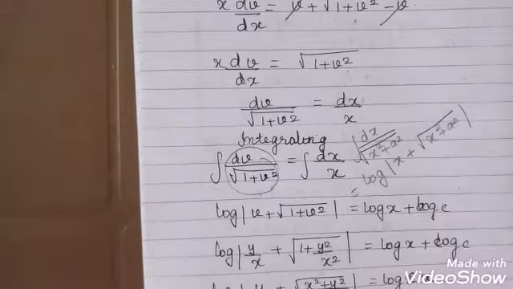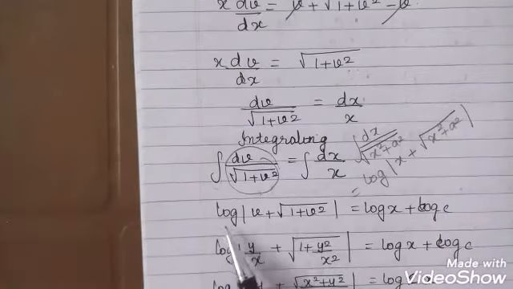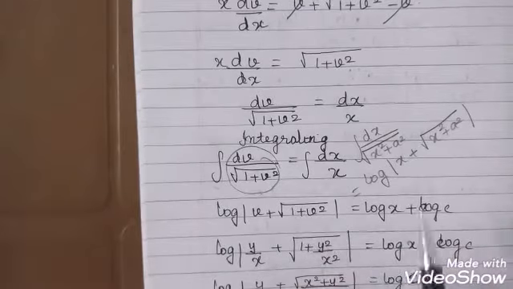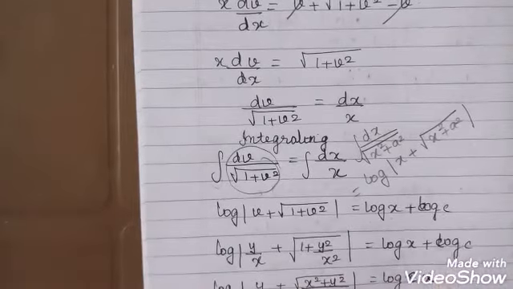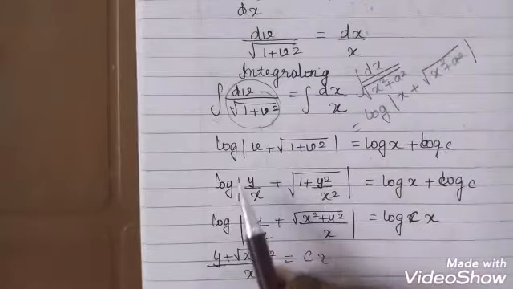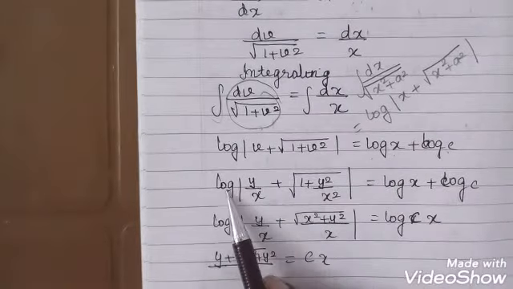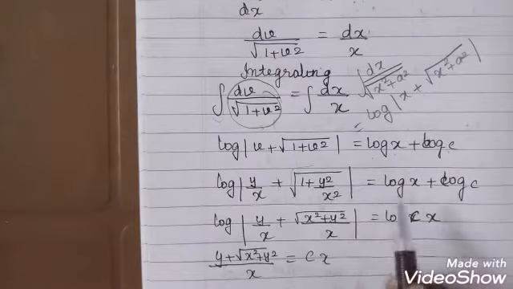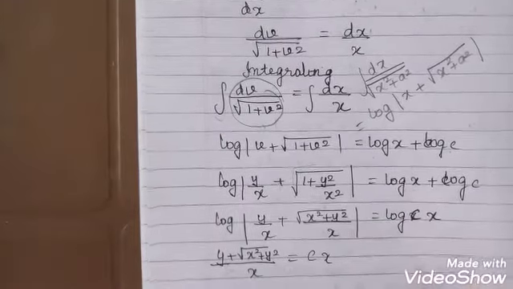So I write log mod of v plus square root of 1 plus v squared is equal to log x plus log c. Got it? Here v is nothing but y by x.